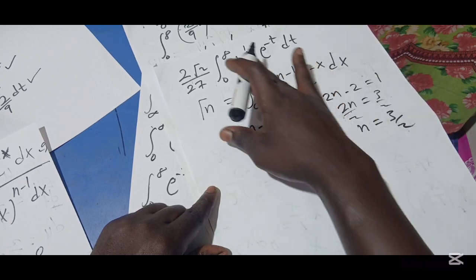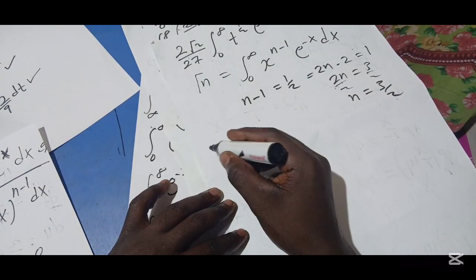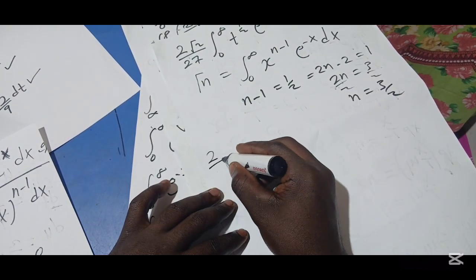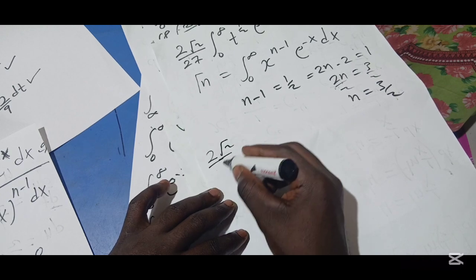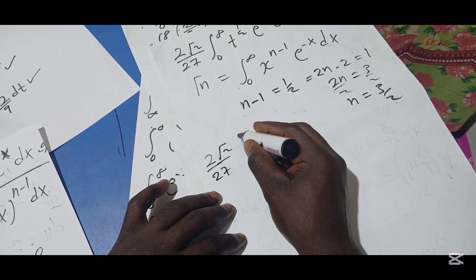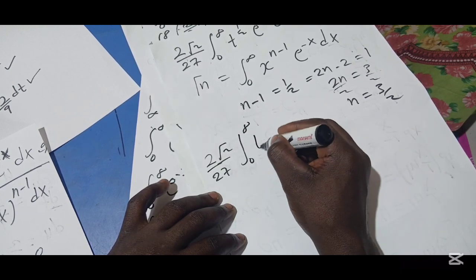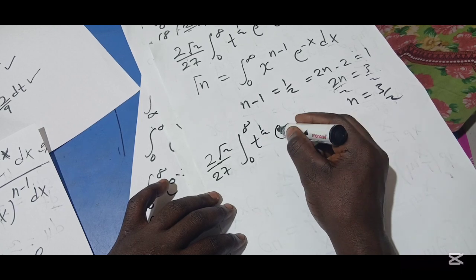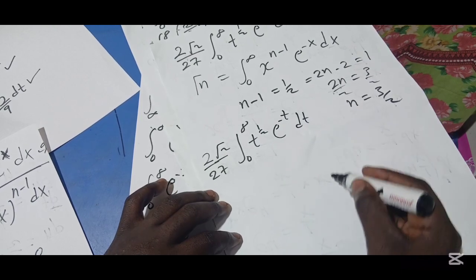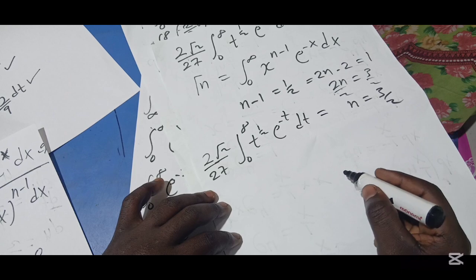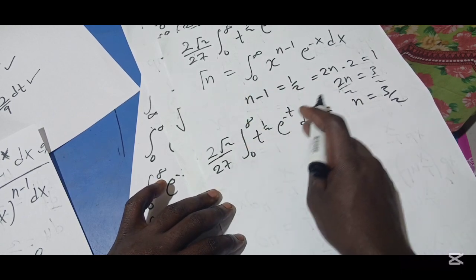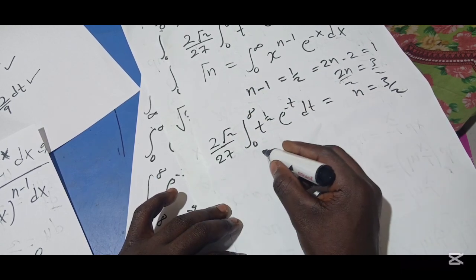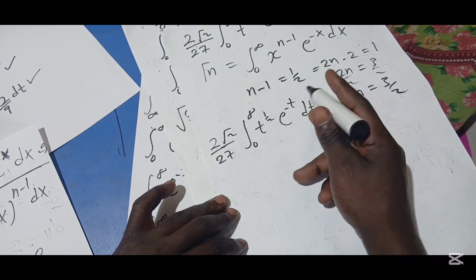comparing this whole thing to this, we have 2 root 2 over 27 integral from 0 to infinity t to the power half e to the power minus t dt is now equal to the whole of this being gamma n.